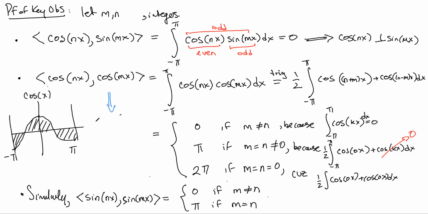So the norm of cosine nx squared is equal to pi if n is not equal to 0, and the norm of the one function is equal to 2 pi, because that's the inner product of the function with itself. And the norms of the sine functions are also all the same. They're just equal to pi.